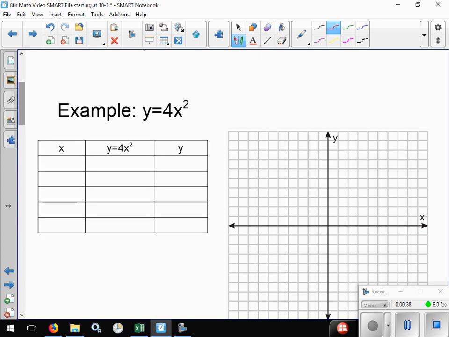here's what I mean. I have y equals 4x squared. X squared means that this is a quadratic function. It's not even spelled right. Here we go. Okay, quadratic function.